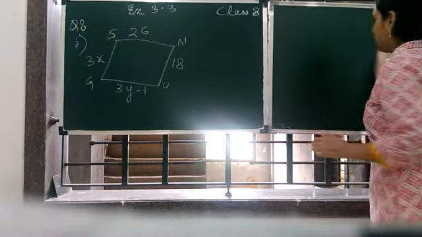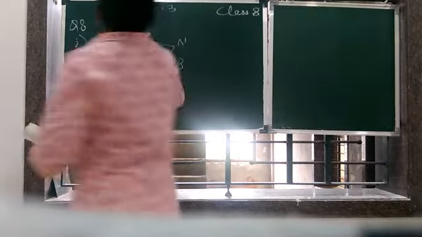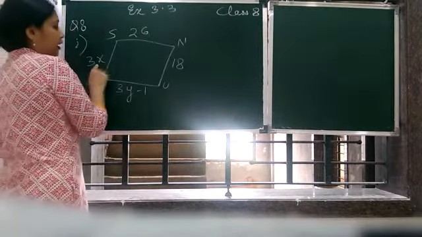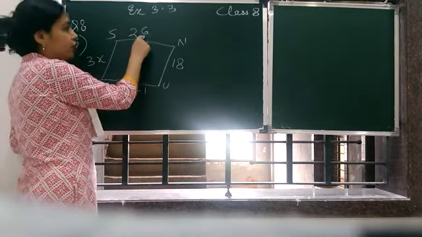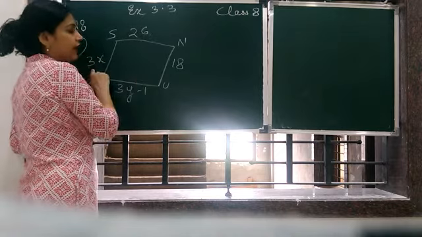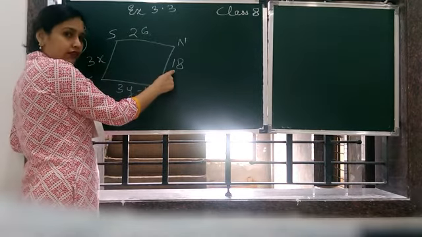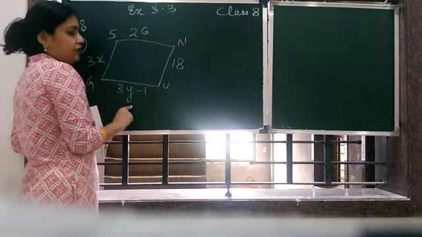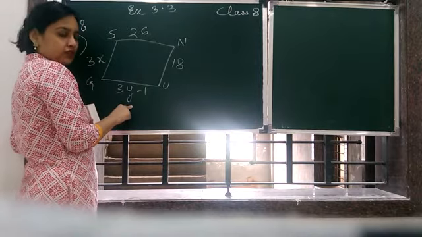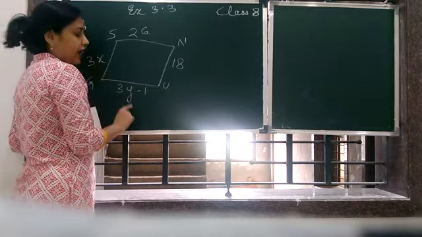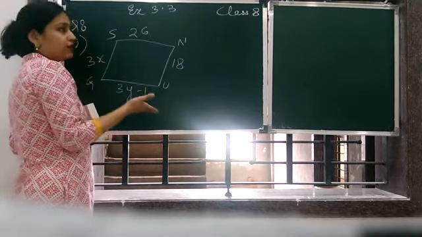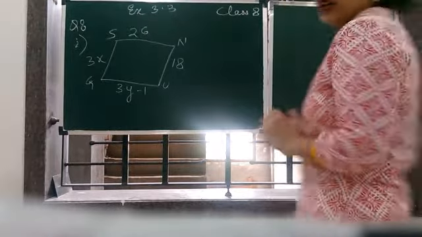Opposite sides are equal, meaning this and this are equal, this and this are equal. That means 3y minus 1 is equal to 26 and 3x is equal to 18. Got it? That means we are getting an equation here. From that equation, we will get the value of x and the value of y. That's what is asked in this question. We have to find the value of x and y.